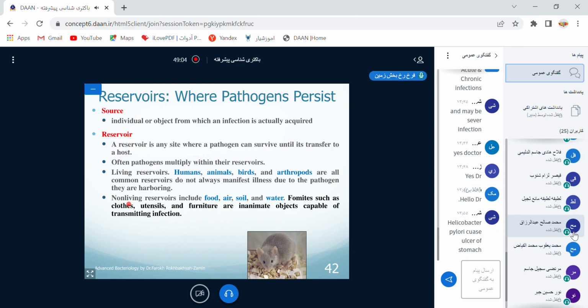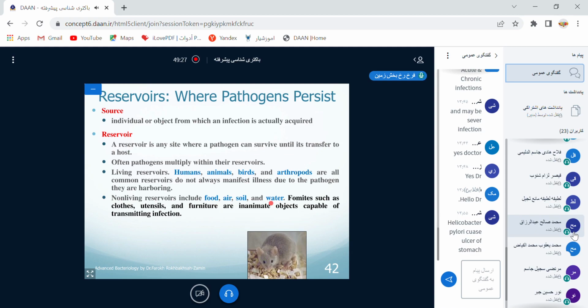And sometimes reservoirs are not alive. We call them non-living reservoirs. They include food, air, soil, and water. Sometimes microbes are present in food, air, soil, and water. They are alive there.